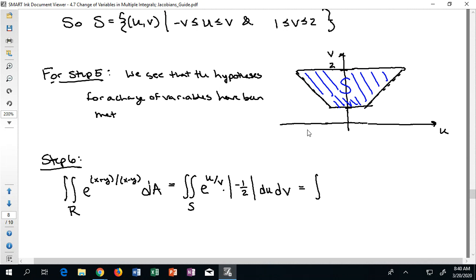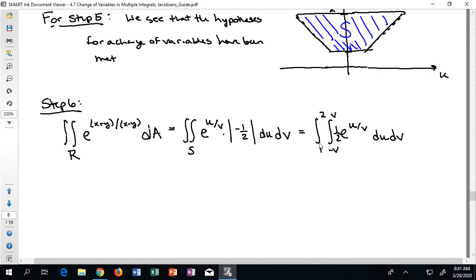So my bounds here would look like integrating from 1 to 2, from -v to v, e to the u over v, and then I'm going to have, I guess, just a 1/2 here. I'll squeeze that right in front, and then I have my du dv. Notice this should actually be pretty easy to integrate. I took a hard integral and made it into something much, much easier.